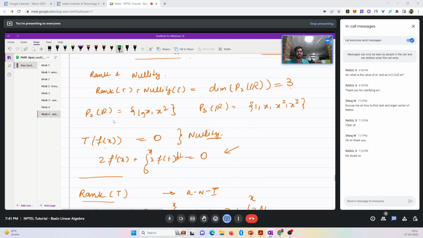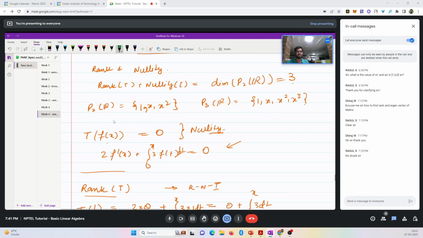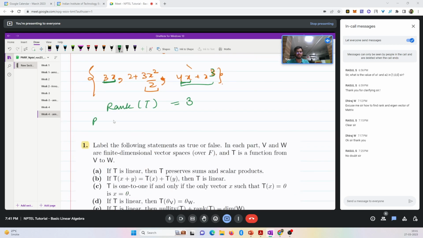Now using the rank nullity theorem, rank of T plus nullity of T is equal to the dimension of V, which is 3. So your rank is 3 plus nullity of T, which we don't know, is equal to 3. This implies nullity of T is 0.